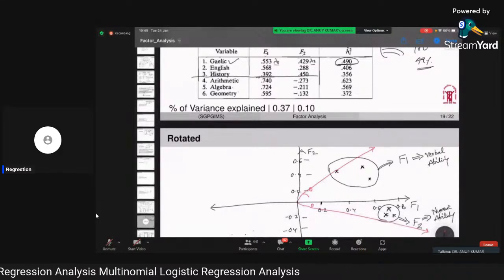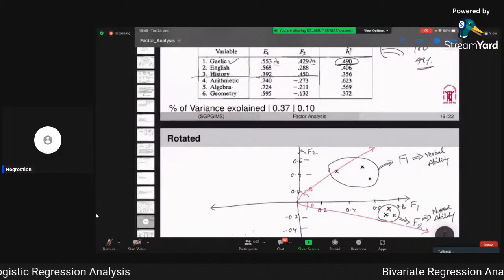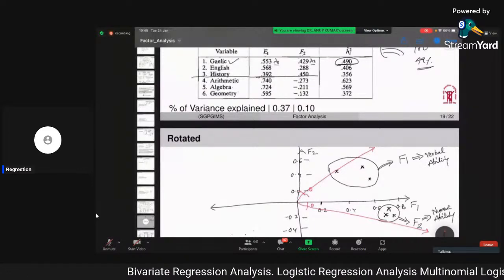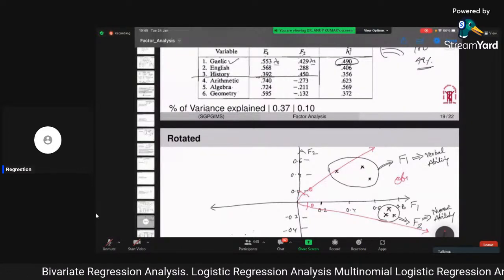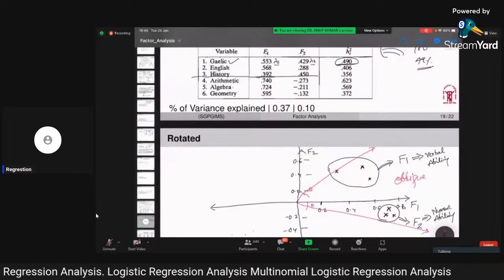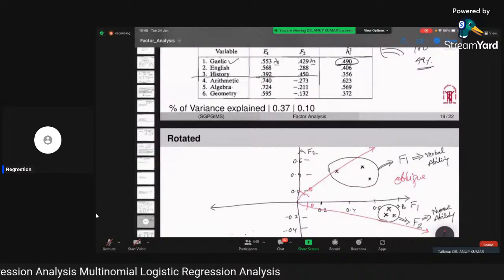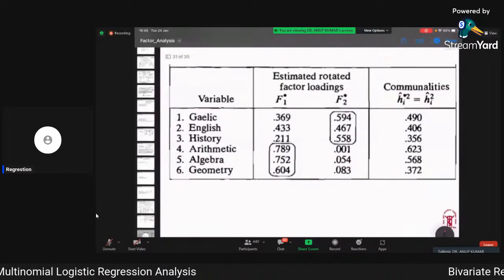Now, what I'm trying to say is, if you rotate this axis by, say, angle theta, now you can see that this rotation is actually termed as oblique rotation. Now, if you rotate it like this, what will happen?